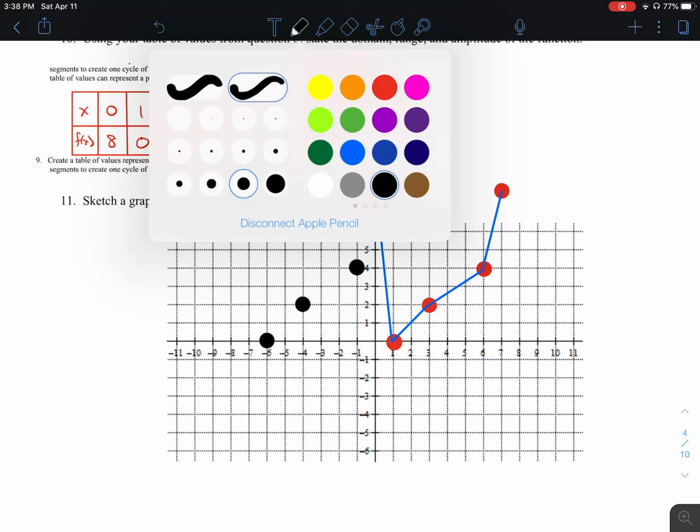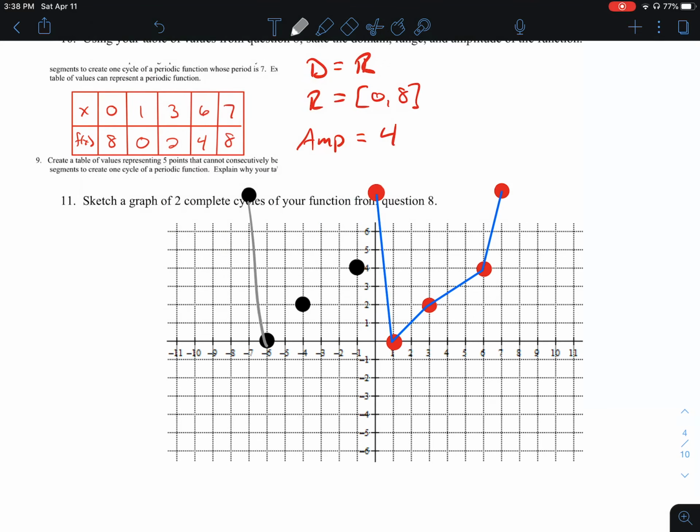So that's going to give me 2 cycles of this first one that I drew and then this other one that I drew. Could have copied it and pasted it, but I just tried to show you the process that you would go through there. Notice once again, each of these distances is 7 between corresponding points because the period's 7.